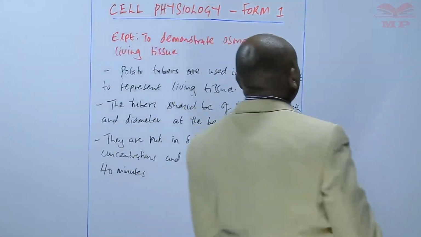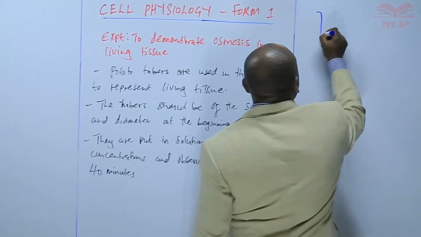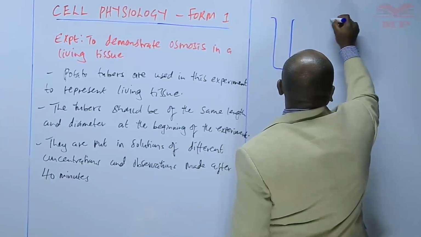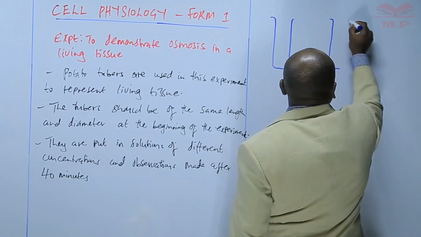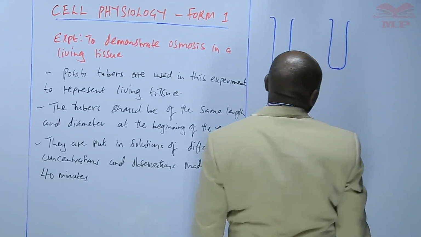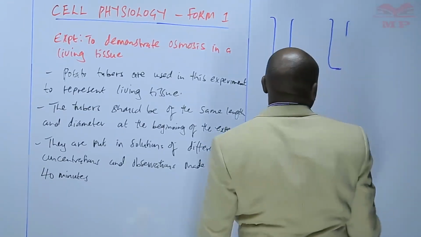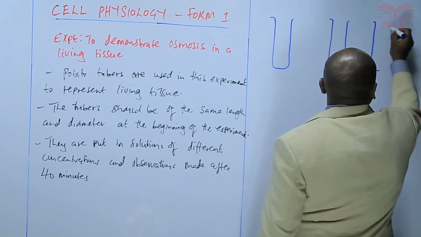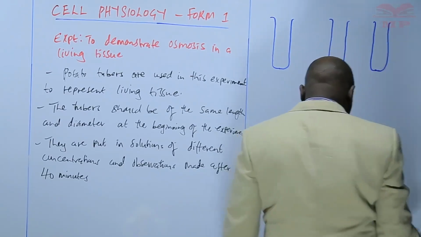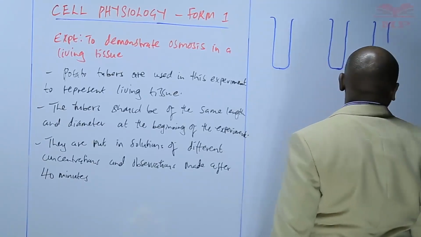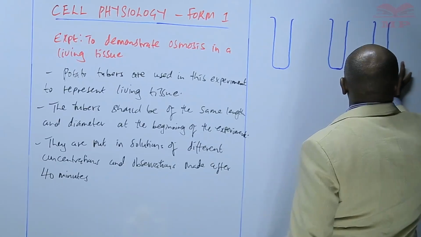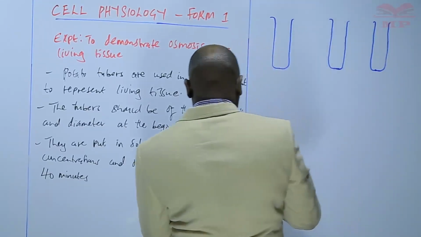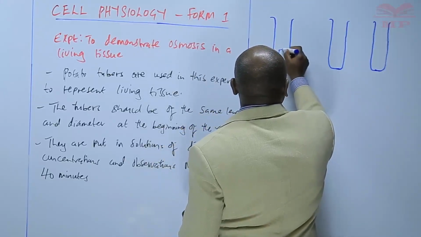So the setup will look like this. We'll have a boiling tube there, another one, and then we'll have the potato tuber in each.